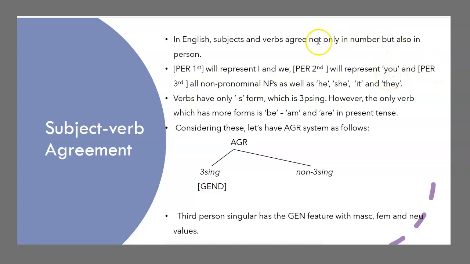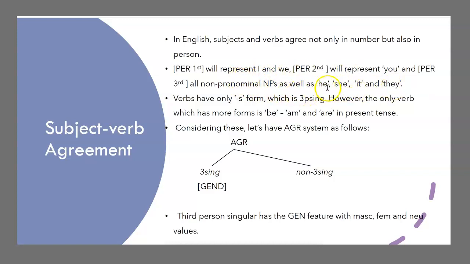And if the person value is third, then it covers all the others, also non-pronominal entities like names, John, Hyderabad, or even a noun phrase like the boy, the girl. They're all non-pronominal entities. And also he, she, it, they. All of them.